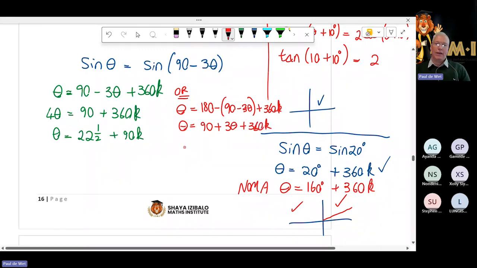So you actually get minus 2 theta is 90 plus 360k. And when you divide by minus 2, you get theta is minus 45 plus 180k. It doesn't really matter if you put plus or minus here, because k can be plus or minus anyway, but let's just put minus. It's mathematically a little bit better.